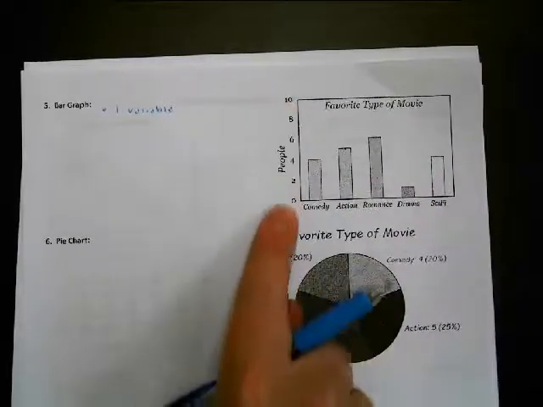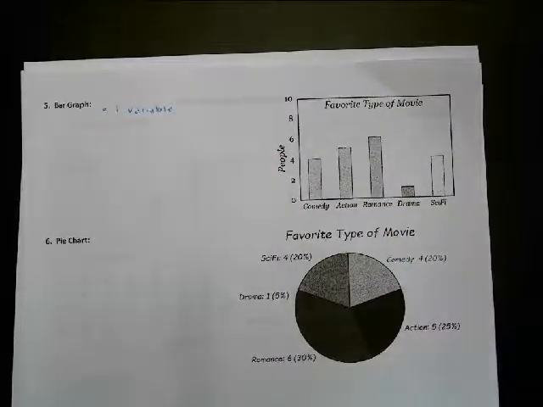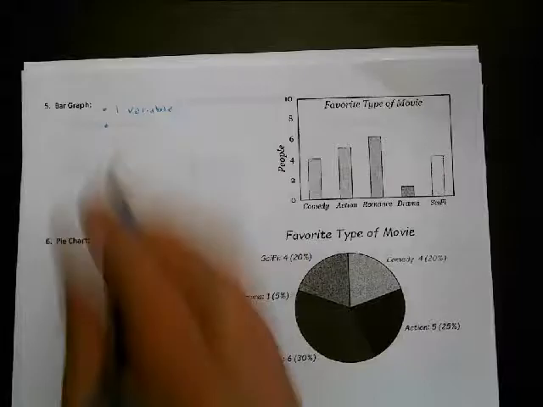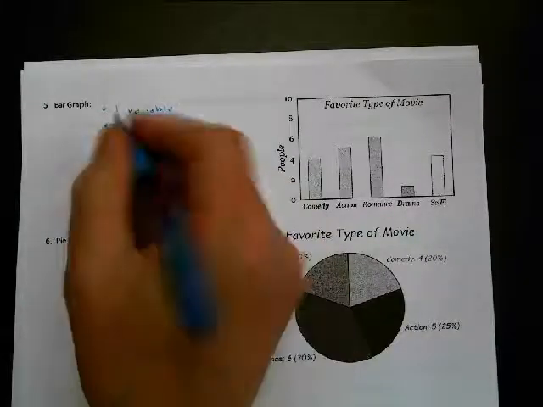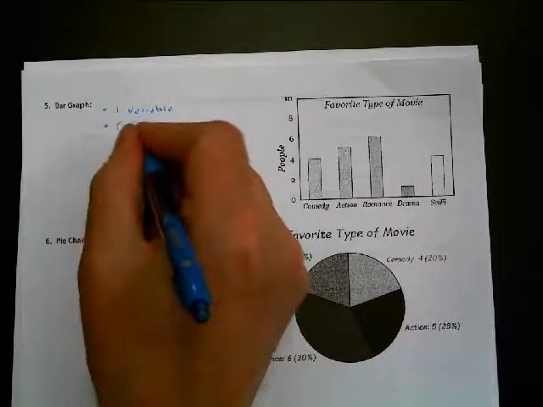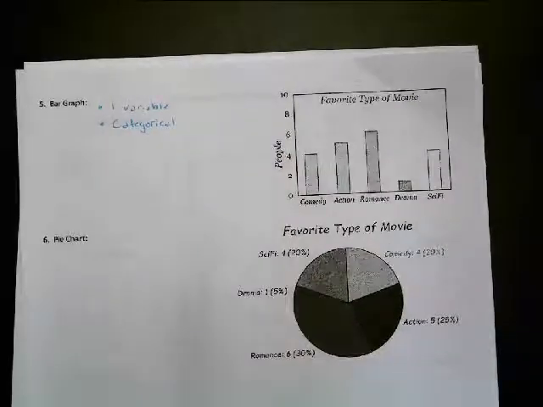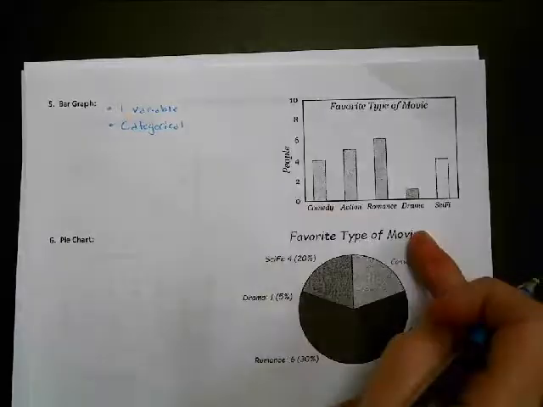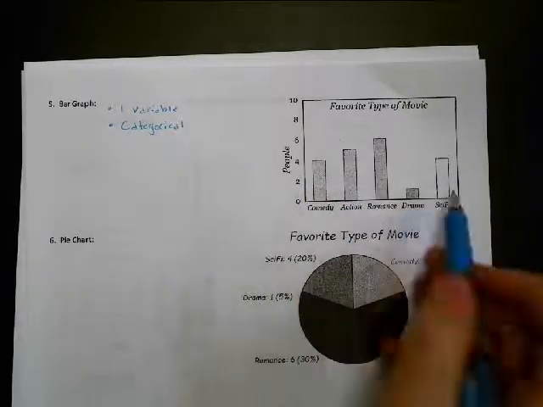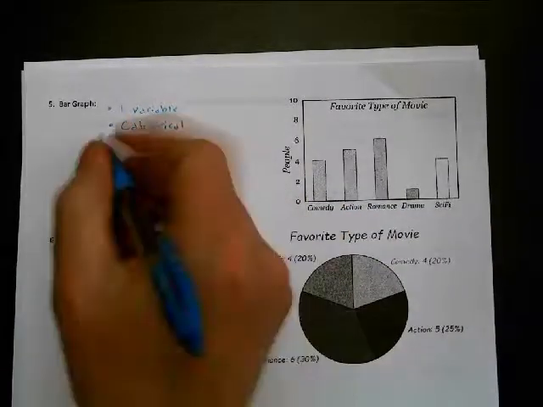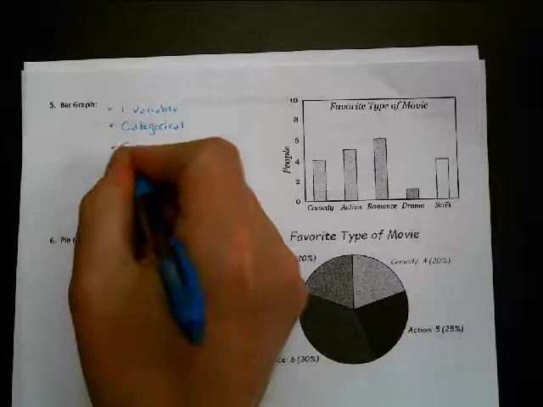So it's got a variable with frequency attached to it. On this one, these are not numbers, so this would be categorical data. Okay, so it does show us the frequency of each of our categories, or frequency of each subsection of our categories.